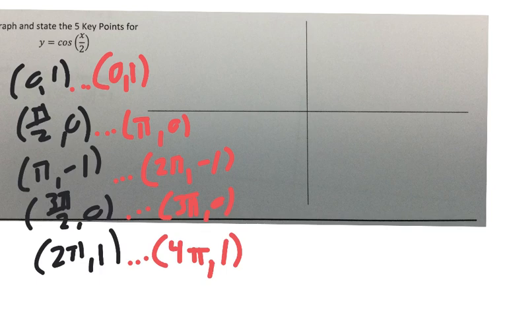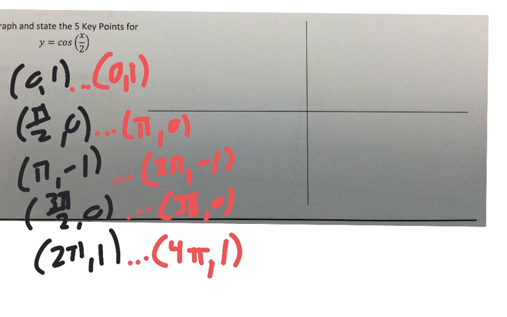Now you know when we did phase shifts and we shifted the graph left or right, I kept saying these tick marks are still evenly spaced. So I can't make the first one pi over 4 and then the next one 3 pi over 4, because that's not equally spaced. That gives me pi over 4 distance here and then pi over 2 distance here. Doesn't work.